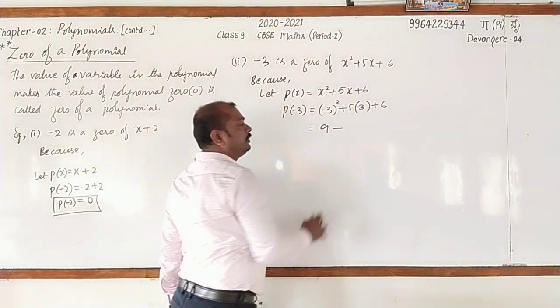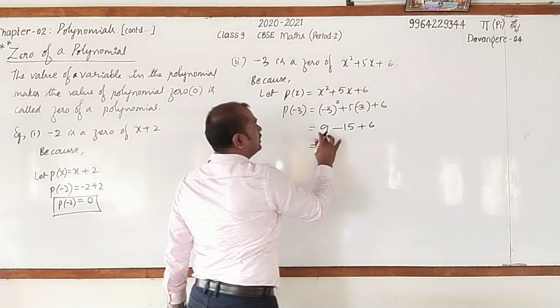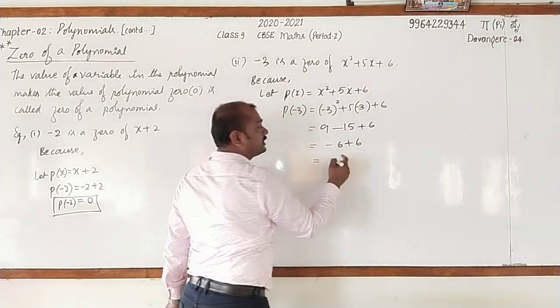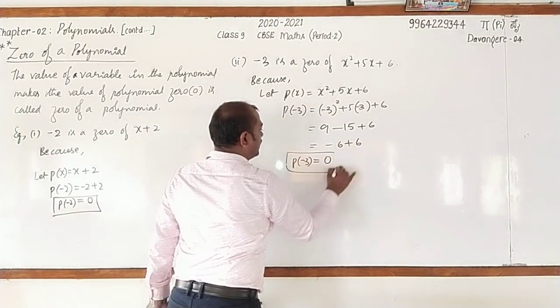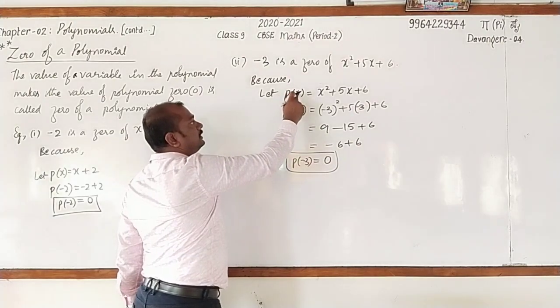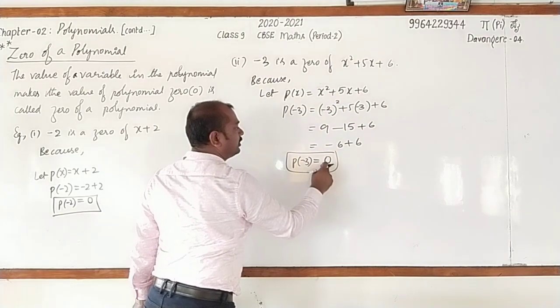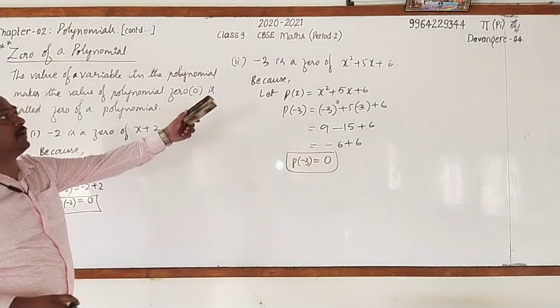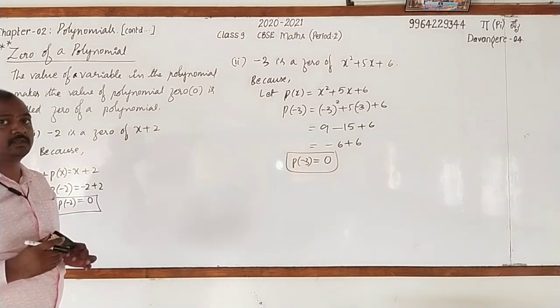It is 9. 5 into minus 3 is minus 15, plus 6. 9 minus 15 is minus 6, plus 6, 0. See that? The value of the variable x, that is minus 3, has made the value of the polynomial 0. Therefore, minus 3 is called the 0 of the polynomial x square plus 5x plus 6.